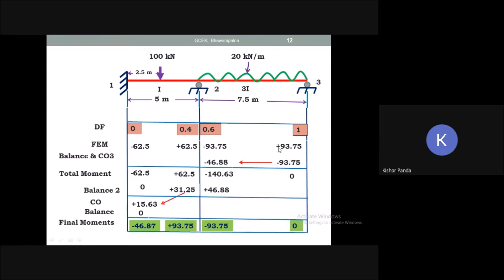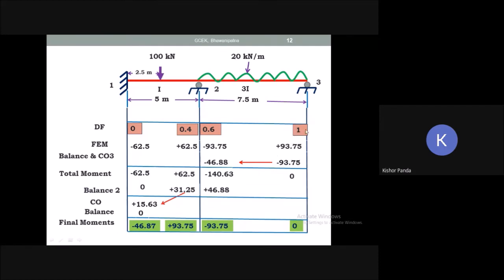So here you see this is the moment 93.75, and when you balance this moment at joint 3, it is 93.75 into 1, and you have to put the opposite sign. So this is the unbalanced moment at joint 3. What is the unbalanced moment? 93.75, and what is the distribution factor here? 1.